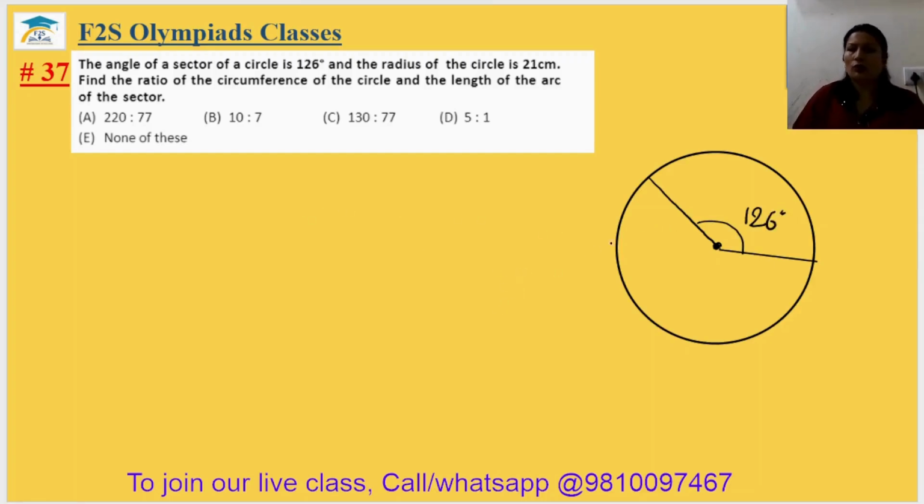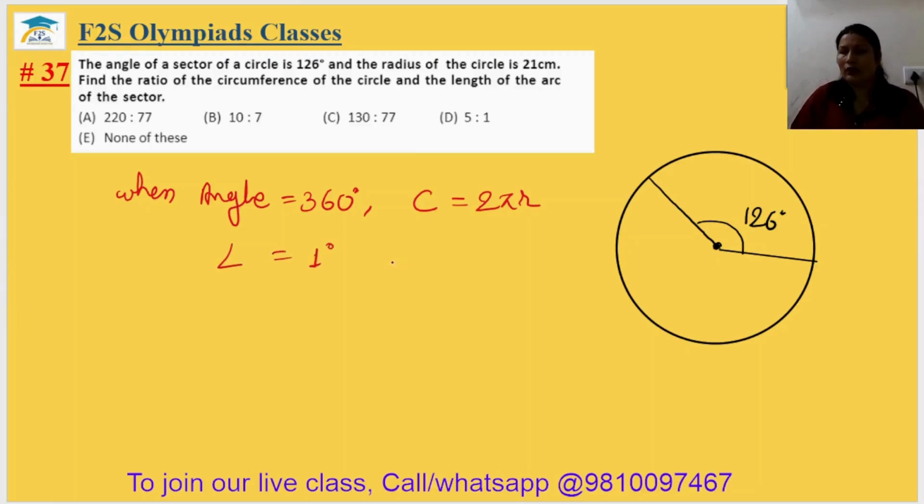ठीक है. So we know that, देखो, the circumference of the complete circle is 2 pi r. So here we can write, when angle is equal to 360 degree, circumference is 2 pi r. So if angle is 1 degree, circumference will be 2 pi r upon 360.